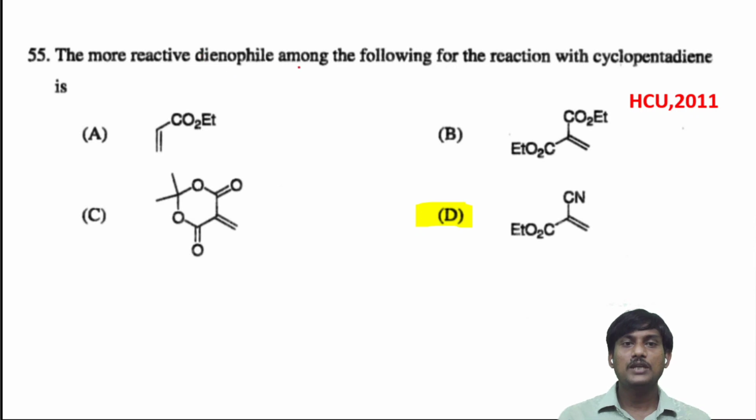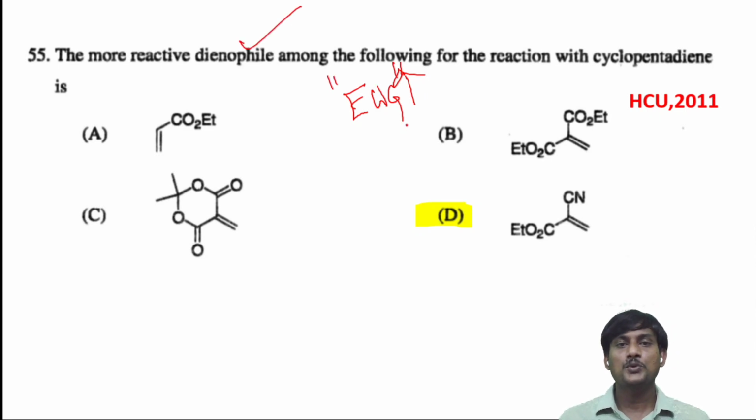The more reactive dienophile among the following for the reaction with cyclopentadiene. As the electron withdrawing nature of the groups increases, there is an increasing rate of Diels-Alder reaction. So the activity of the dienophile increases with the increasing strength of electron withdrawing groups attached to the C double bond C. Here we have one CO2Et, here CO2Et twice, so more electron withdrawing.